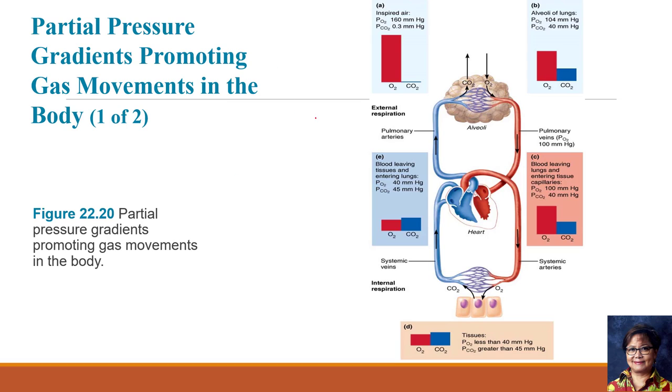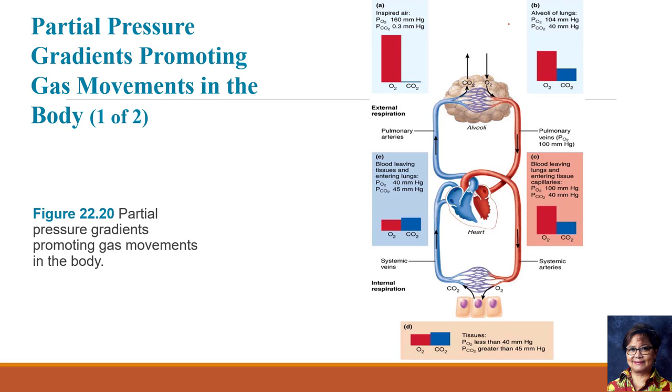Right here, you can see in red the inspired air, which has 160 millimeters of mercury pressure of oxygen, and it has only 0.3 millimeters of carbon dioxide. This is air that's getting inside the alveoli. In the alveoli itself, the oxygen is only 104.